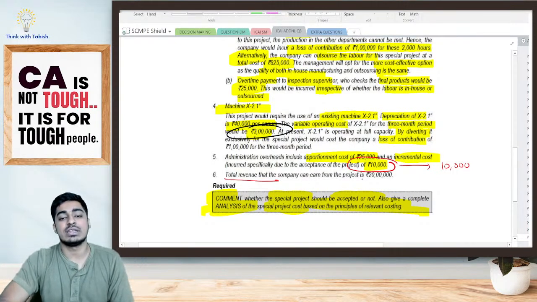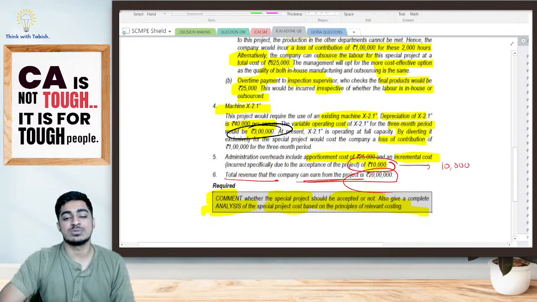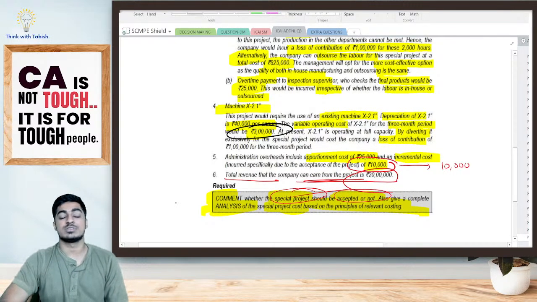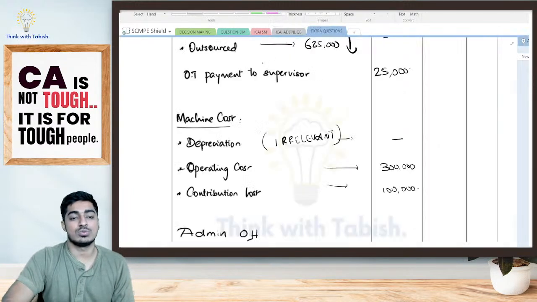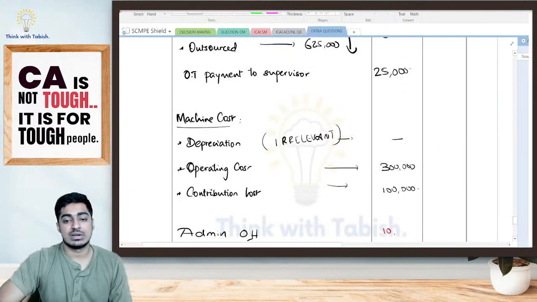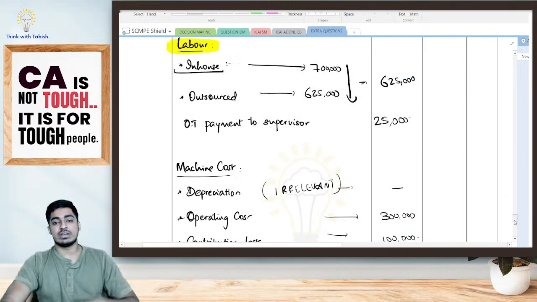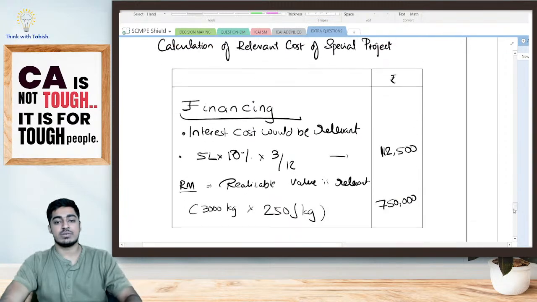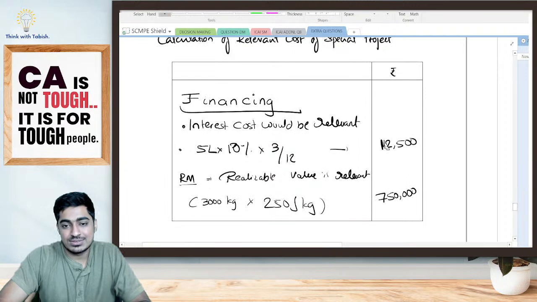Total revenue that we can earn from the project is going to be 20 lakh rupees. So we should tell whether the special project should be accepted or not. What is the administration overhead that is relevant, students? 10,000 is going to be relevant. So what is the total relevant cost, students? Tell me the total relevant cost. For raw material, it is not 1,12,500, it is just 12,500.